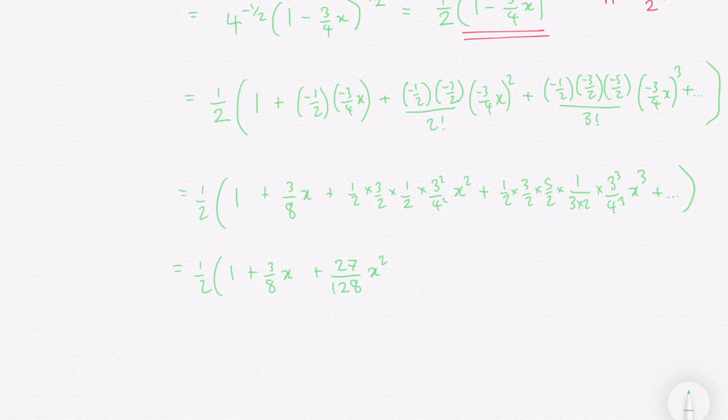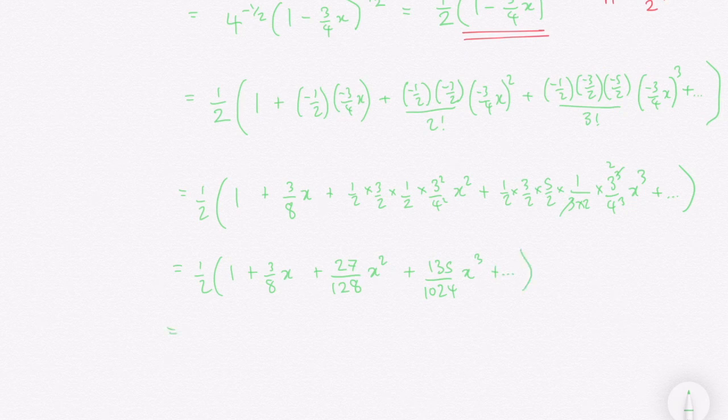And then here we have a few factors that will cancel. We have a 3 that cancels with one of these 3's. So we have 27 times 5, which is 135, over 16 times 16 times 4. 16 times 16 times 4 is 1024, x cubed, plus those remaining terms.